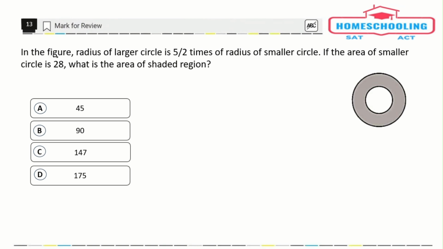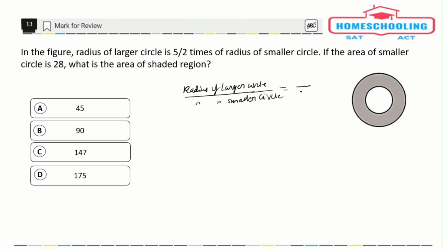In the figure, the radius of the larger circle is 5 by 2 times that of the smaller circle. So let's say we take the ratio of the radius of the larger circle by the radius of the smaller circle.